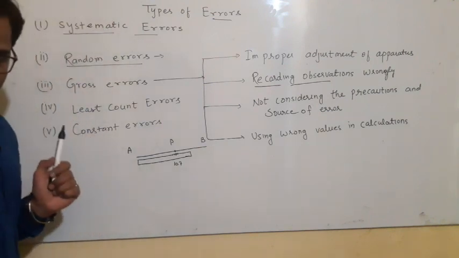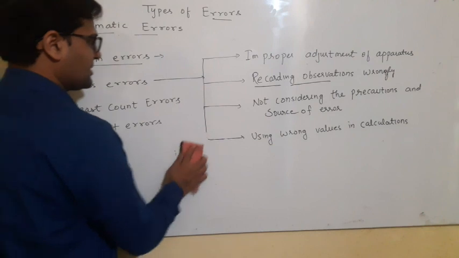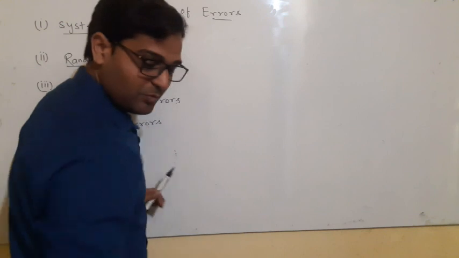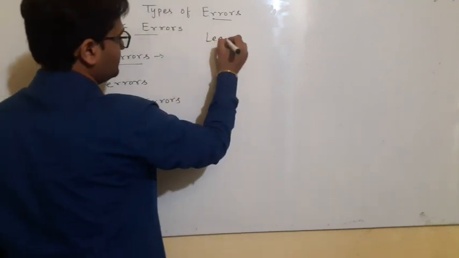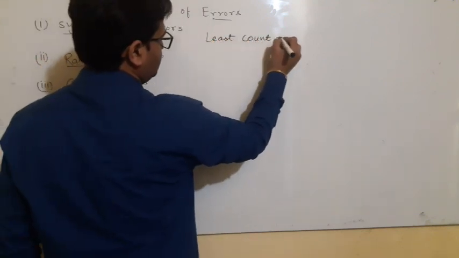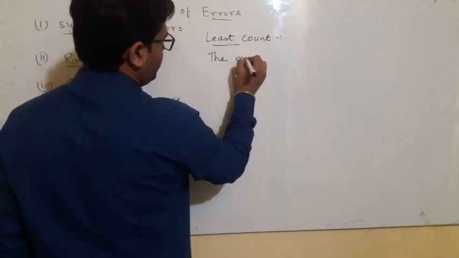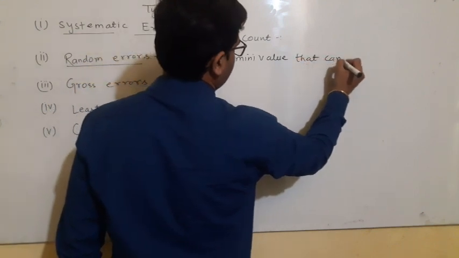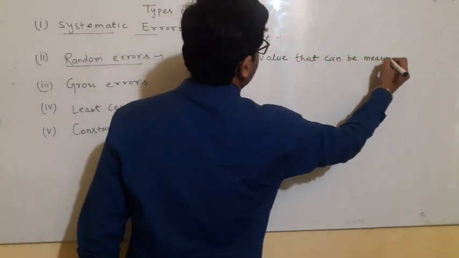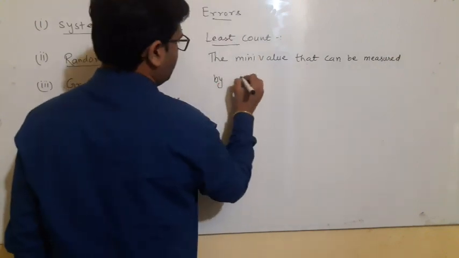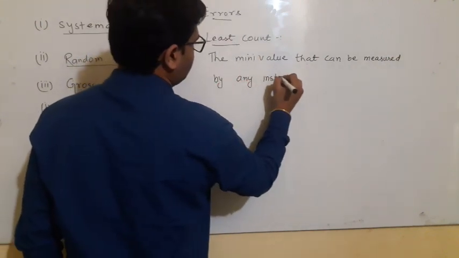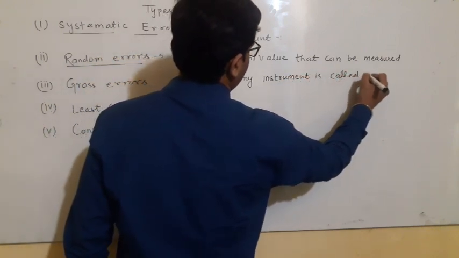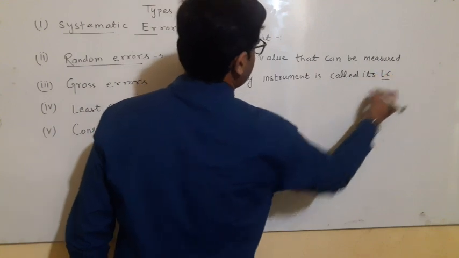Next is least count errors. What are least count errors? I told you earlier what a least count is. Least count means the minimum value that can be measured by any instrument is called its least count.